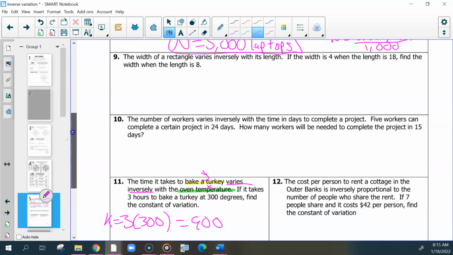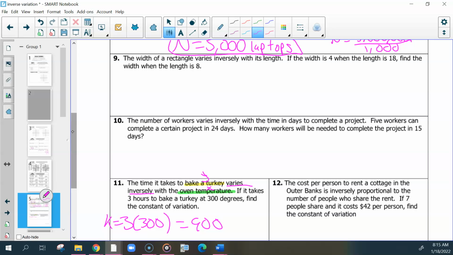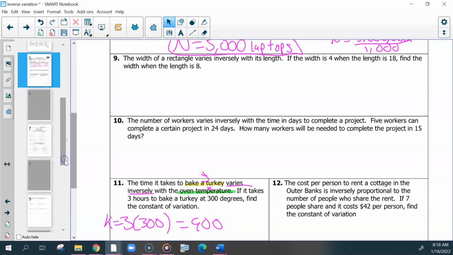There are 3 problems left. I want you to pick one of these and do this one. This is finding your K, so one of those and 12 in the next couple of minutes. And then we'll go over those and be done for today. I'm going to check them afterwards, that's fine.